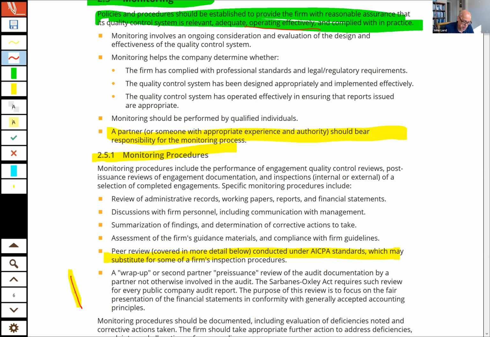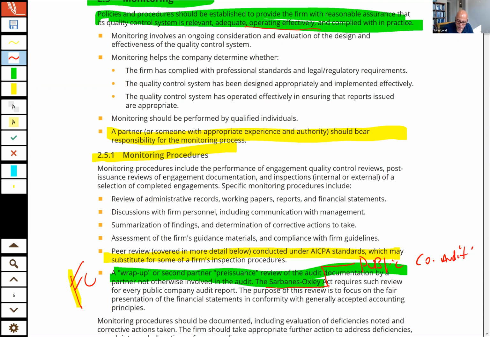Okay, good. Now you come over, and another quality control step, and let's just flashcard these couple down here. Another quality control procedure is something called second partner pre-issuance review, and Sarbanes-Oxley. So if we see Sarbanes-Oxley, guys, and I may not always remember to tell you, that means what? That means public company audits, right?